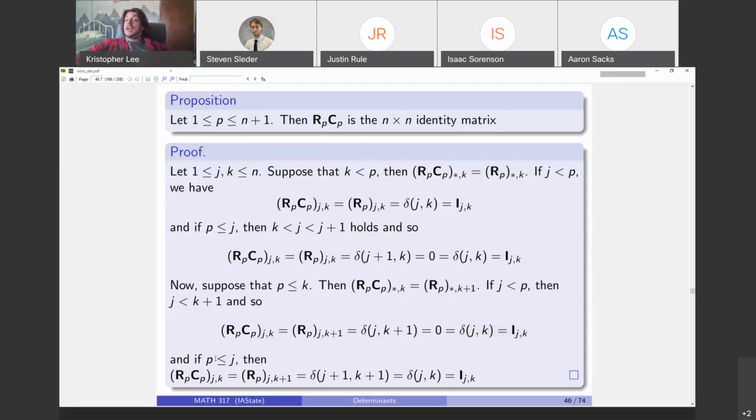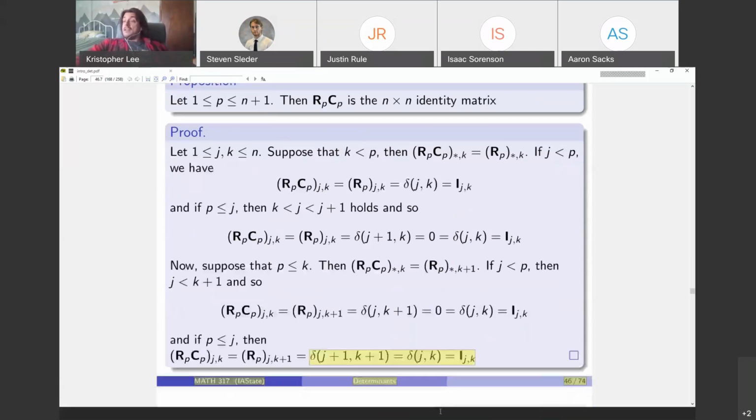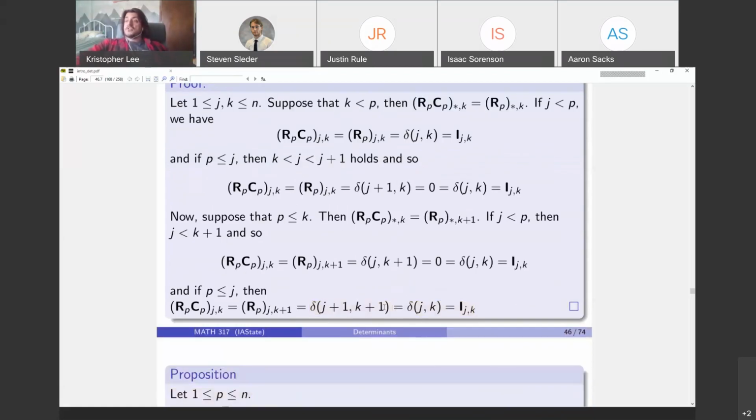And then finally, if j has exceeded the row we delete, well, since we exceeded the column that was deleted, we shifted the k by 1. And that means we then shift the j by 1, since we exceeded the j there. And note that the Kronecker delta spits out 0 or 1. If it spits out 0, these numbers are different.